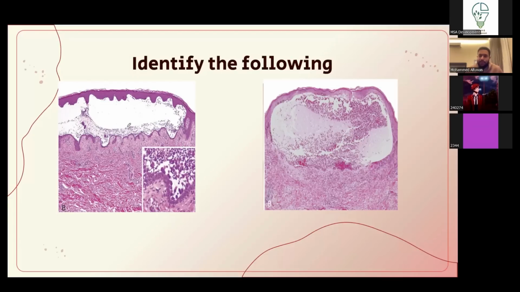Now you see this. What is this disease? Pemphigus vulgaris. What do we call this lesion dermatologically? Acantholysis. What do you see floating around? Acantholytic cells.